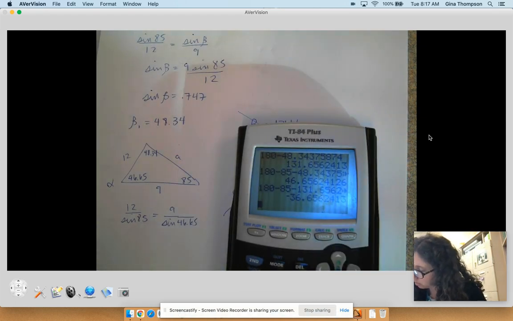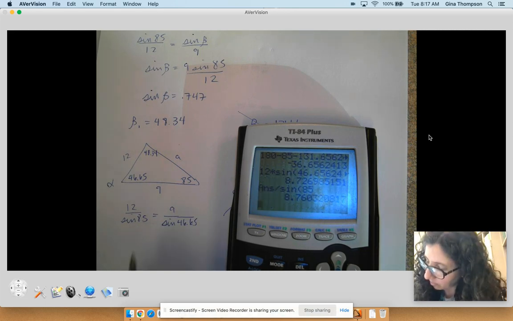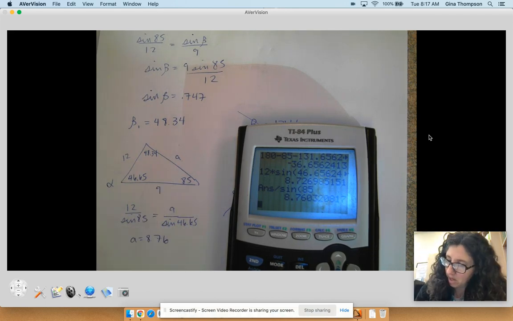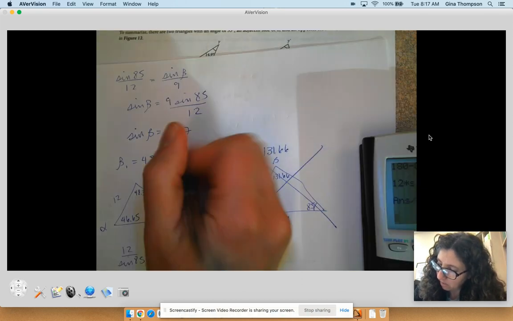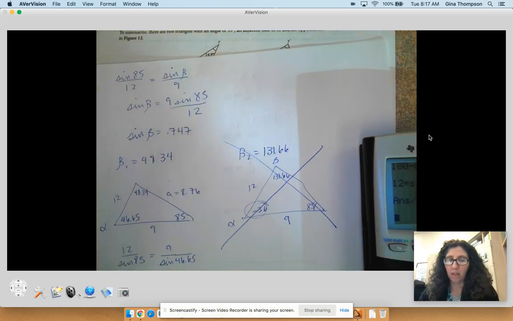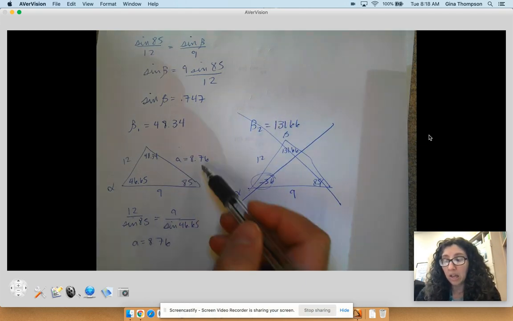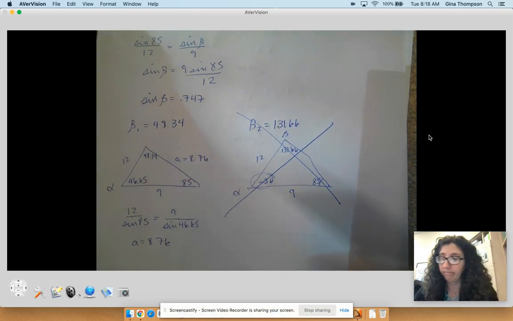So let's see, 12 times sine of 46.65 divided by sine of 85. I get that A equals 8.76. Do you believe it? Sure, that seems like a reasonable side there. So here we have a case where we have side-side angle, and we just get one triangle.